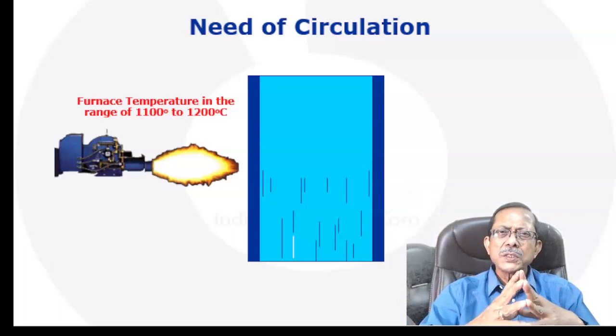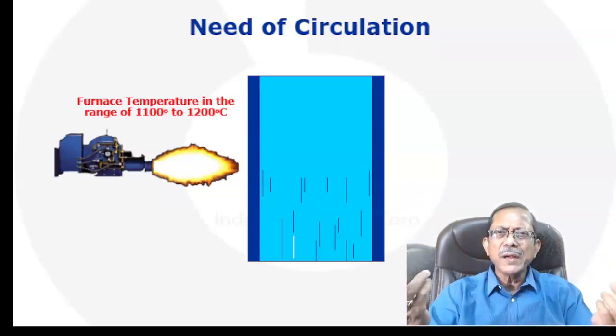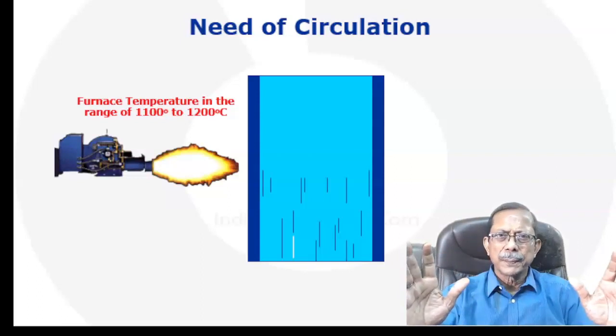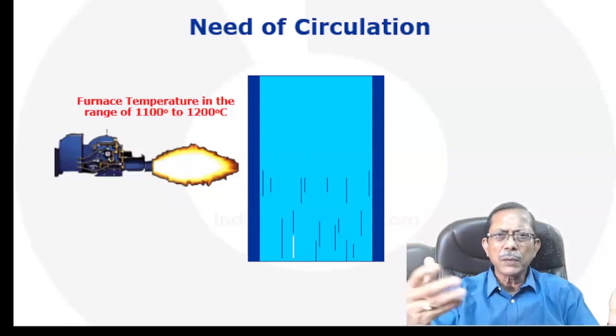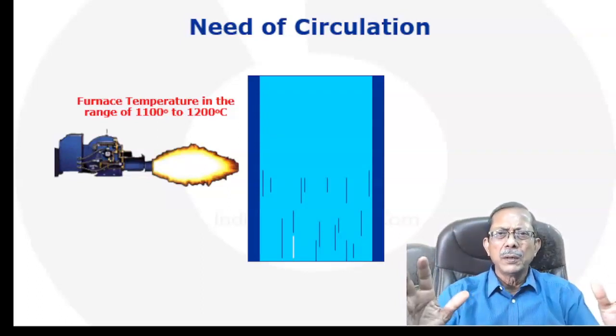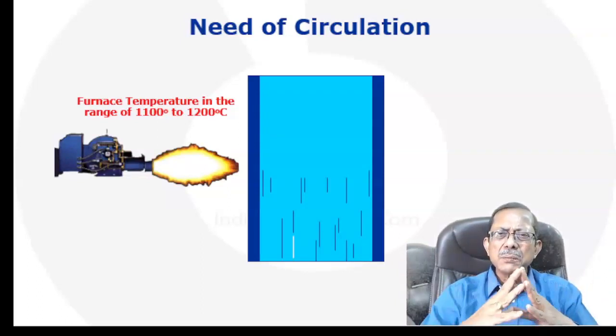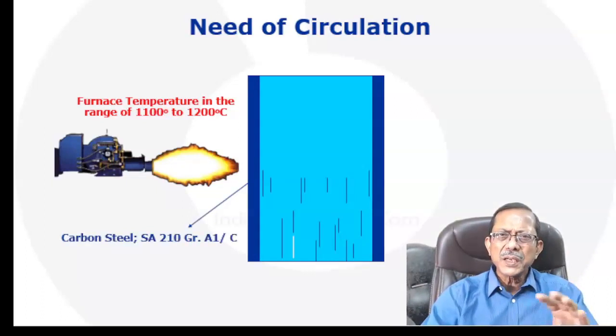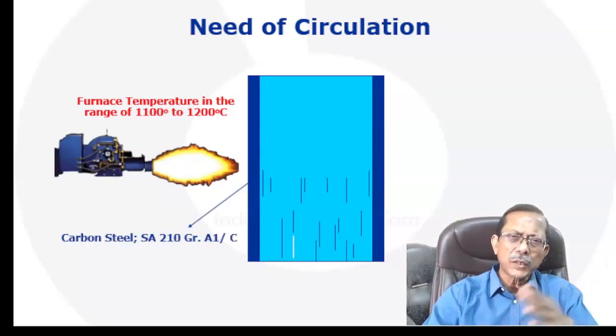Now, what is this water wall made of? In all the subcritical systems, that means up to a 600 megawatt power plant boiler, the water wall metallurgy is plain carbon steel. It is SA210 grade A1 or grade C.